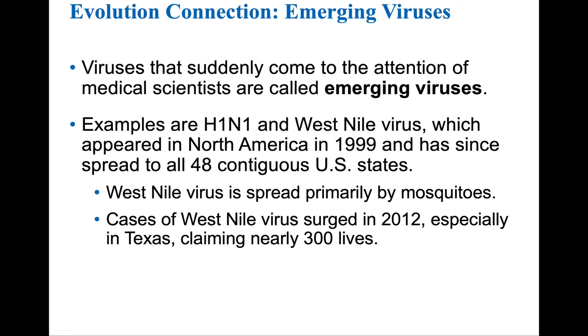So in 2020, when we came across the coronavirus, or in 2002, we came across SARS, or around 2005 or so, we came across MERS in the Middle East. All of these are because of emerging diseases. So there are new diseases coming up because of what is happening to the environment. So emerging diseases. Next slide.